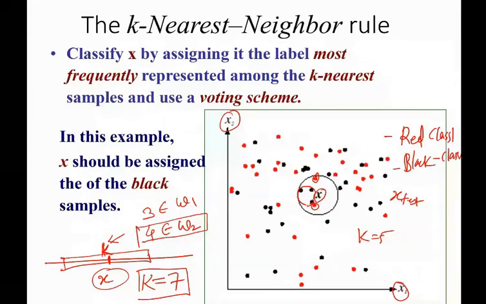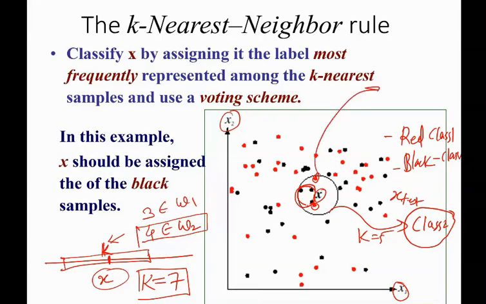Since class 2 samples around this x are more in number than red, my decision is directly class 2. So in this way, this very simple method called the k nearest neighbor rule directly takes into account data around a test sample, and this is said to be estimating the posterior.